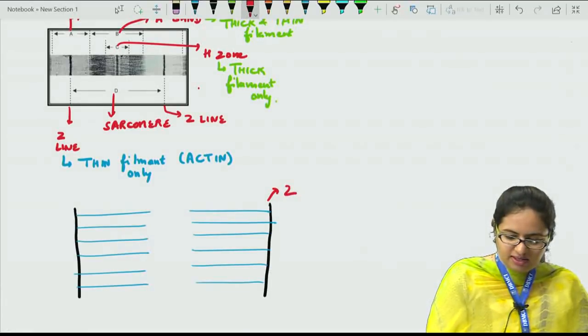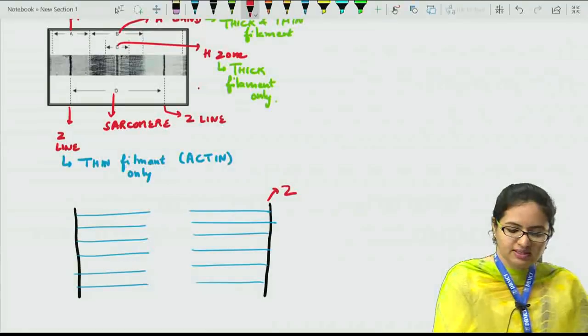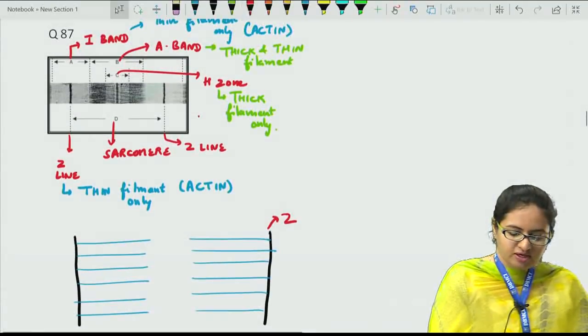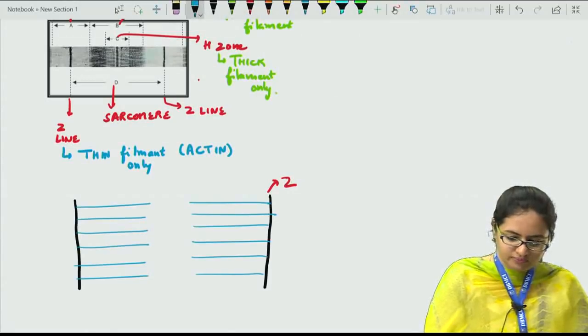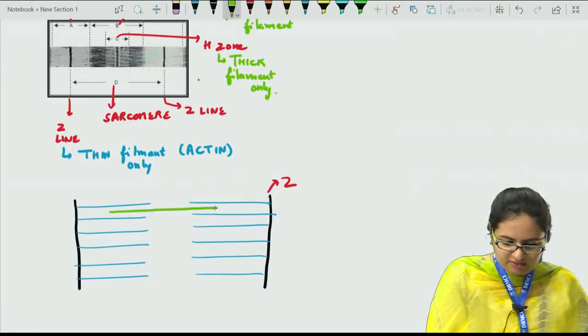The portion adjacent to it is the I band, also known as the isotropic band. Then here we have the thick band, the myosin.